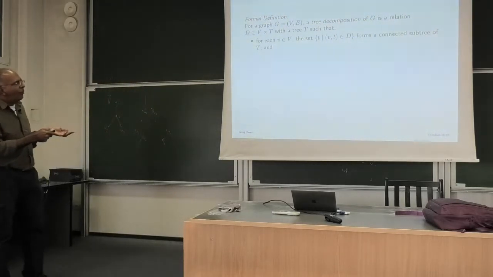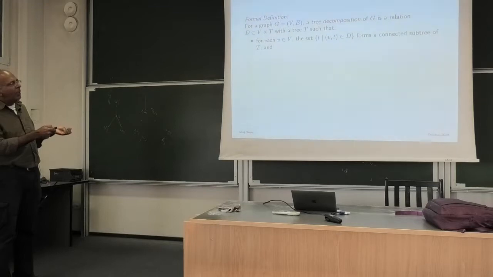Formally, for a graph, we have a tree decomposition. And that's a tree together with something which relates to every node of the tree some subset of the vertices. For every vertex, the collection of nodes in the tree to which it's related forms a connected subtree, and every edge is covered.